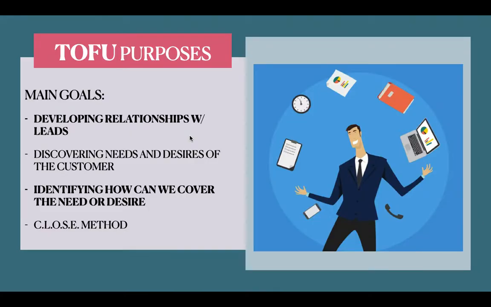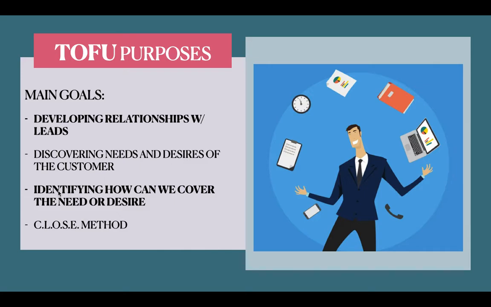The Tofu purposes, the main goals that we're gonna be working on. Now we're speaking about goals: we're gonna be developing relationships with the leads. We want to have a good relationship with the lead. We're gonna be starting to discover some needs and desires of the customer.